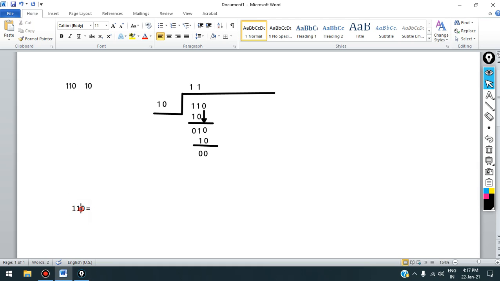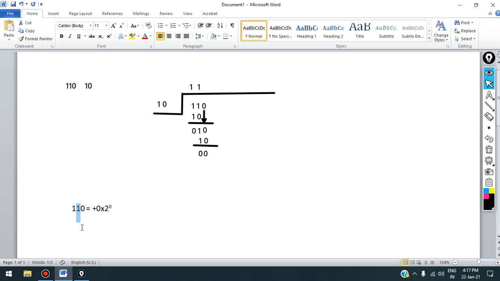This is the first digit, the least significant digit. So it will be 0 into 2 raised to power 0. After that we will use plus, and then we have to increase the powers.